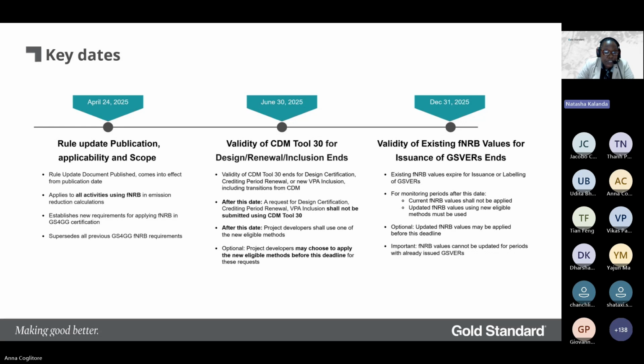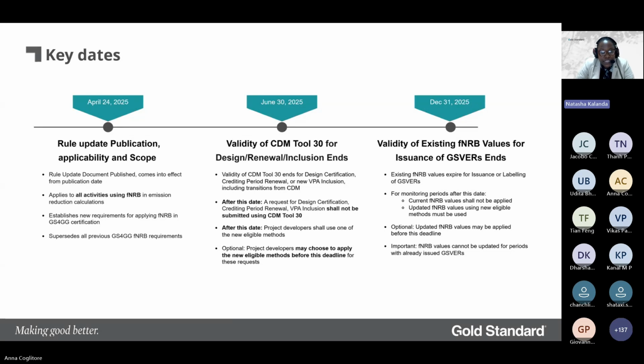By publishing, that also means it's the date the fNRB requirement updates came into effect. Everything else under April 24th is repeated from the previous slide. Now, the key here is the June 30th date and the December 31st date.